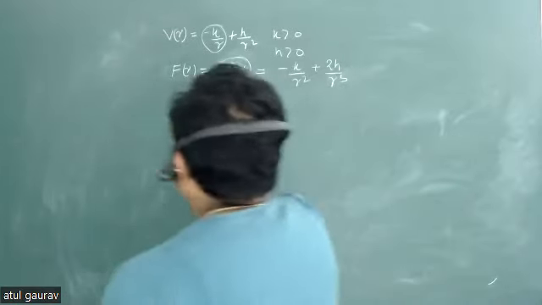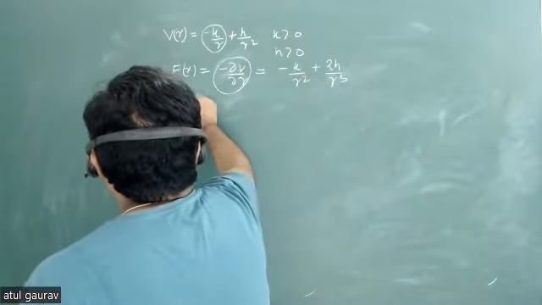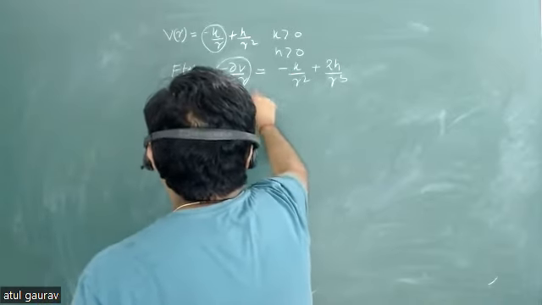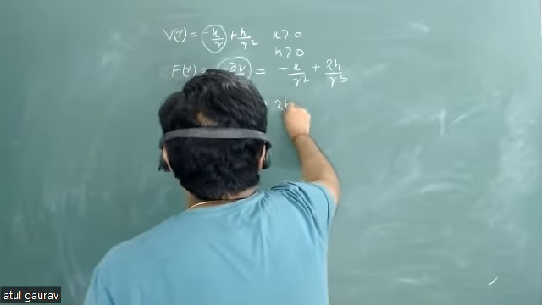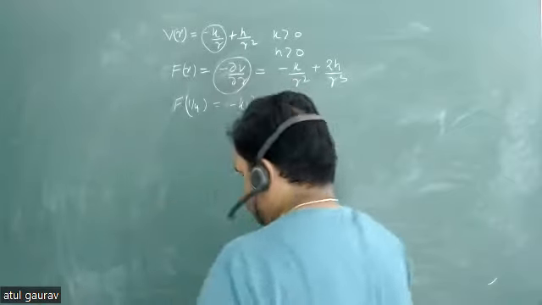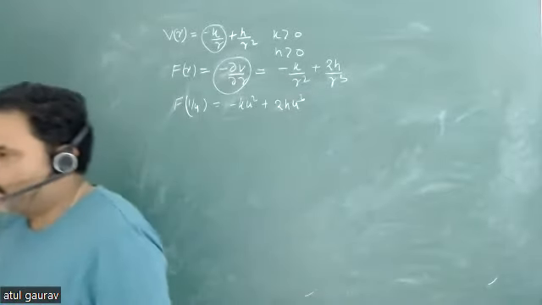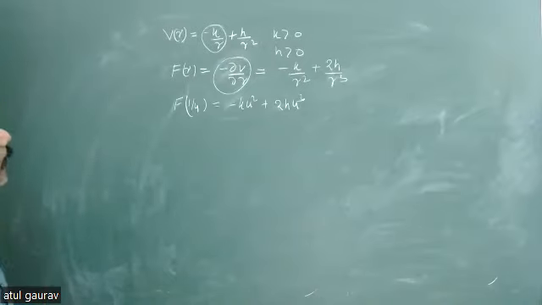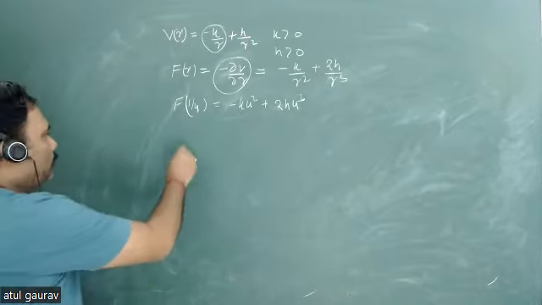So what will be f(1/u)? That is minus k u square plus 2h u cube. ठीक है? And now let's try to go for the differential equation of orbit.